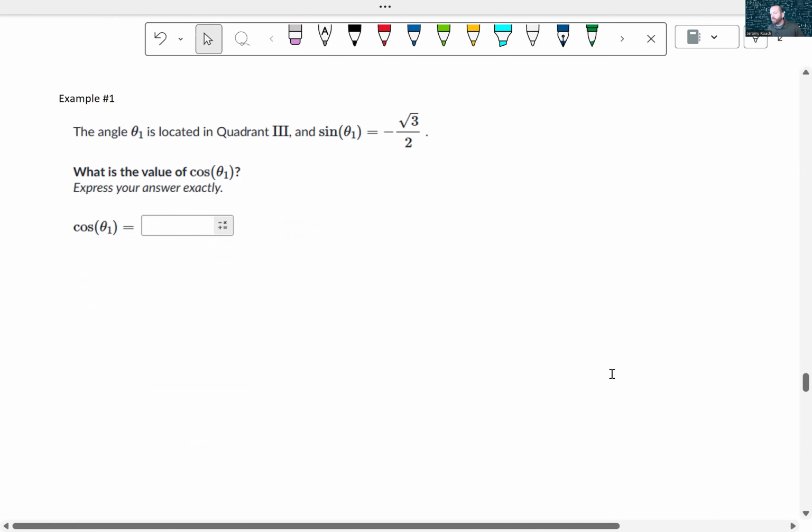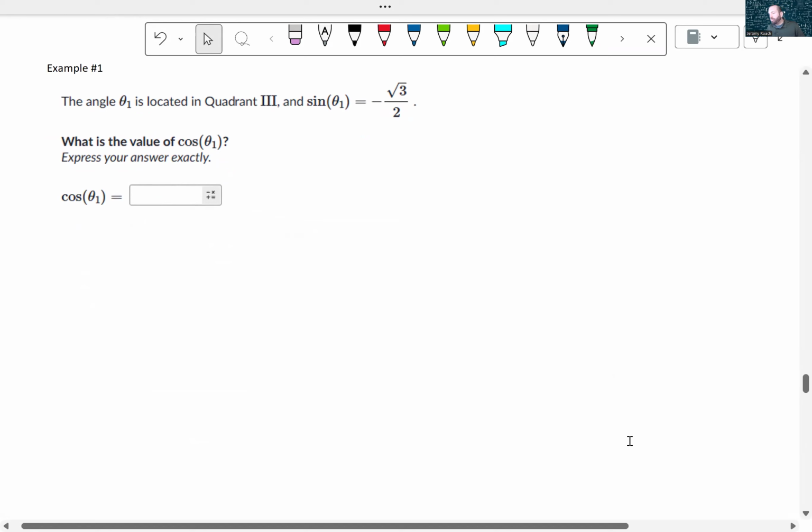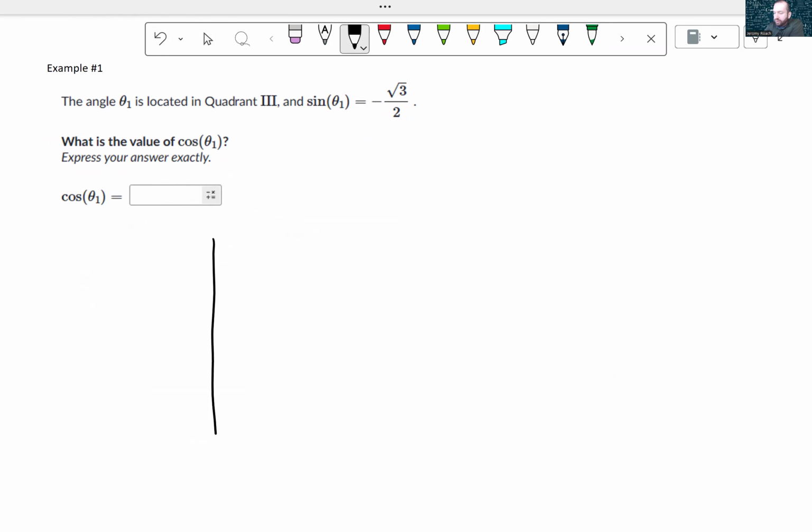So here's our first example. It says this angle is in quadrant 3. We know sine of that angle is equal to negative root 3 over 2. Find what cosine of the angle is. Now let's draw this out so we can make sense of what's happening here.